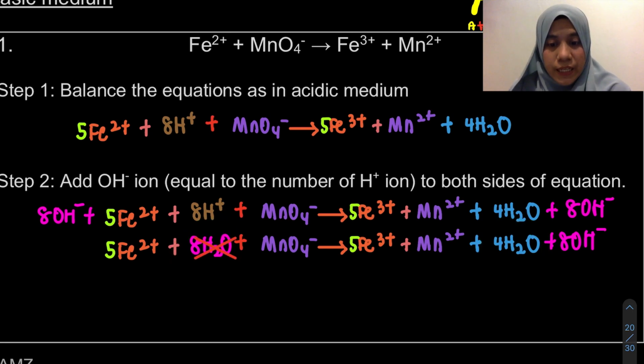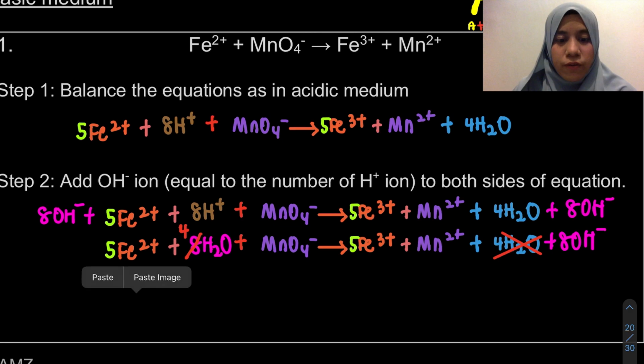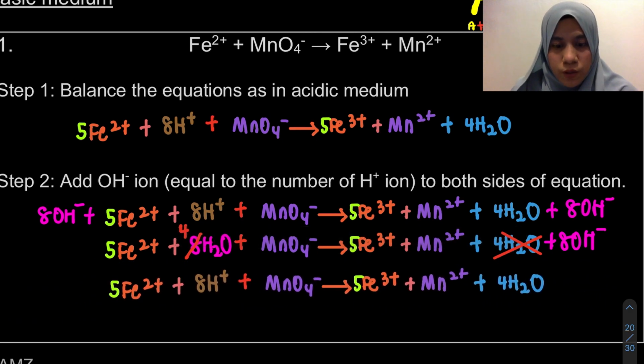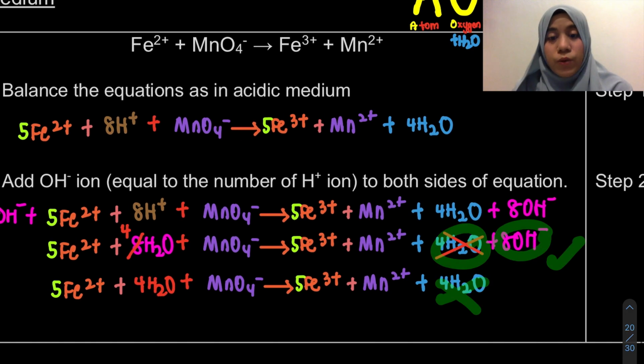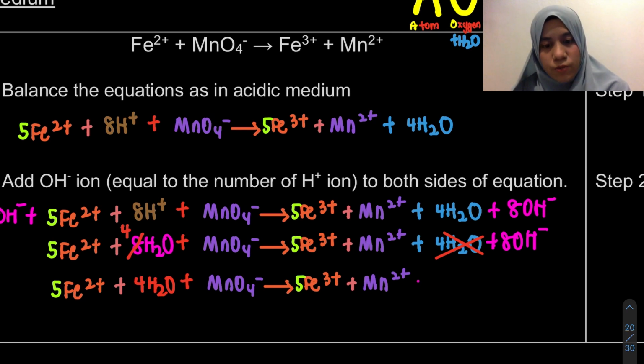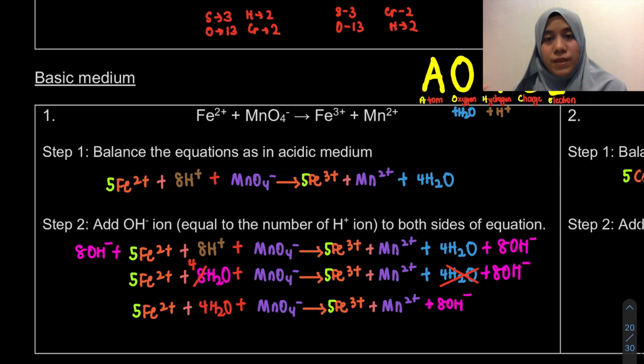So, bila opposite side, kita akan minuskan dia. So, we're going to cancel out the 4H2O. Yang 8H2O tu, we're going to have 4 left. Okay, so what I'm going to do now is actually, I'm going to write down 4H2O. Yang H2O ni tak ada, tapi OH minus on the product side is still there. So, dapat 8OH minus.